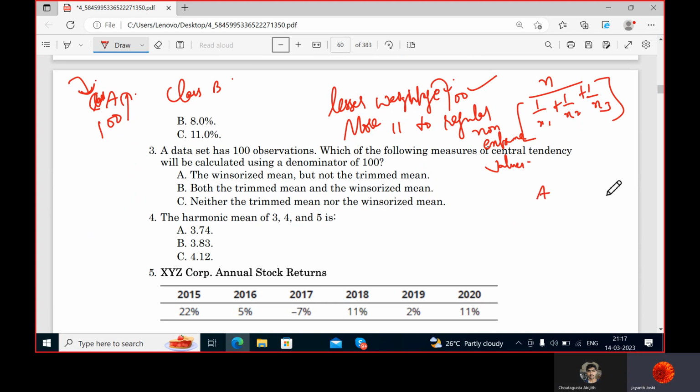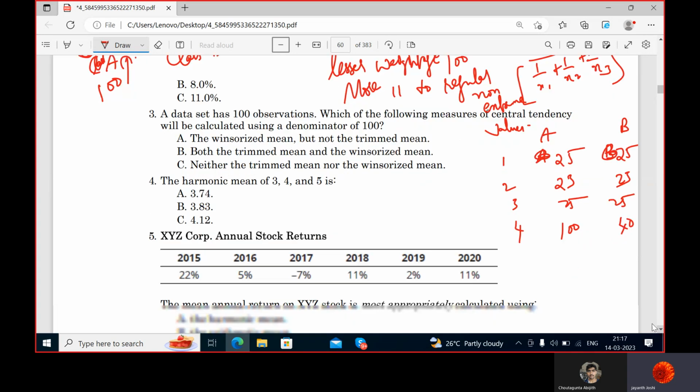So class A and class B, with students 1, 2, 3, 4. The marks scored are 25, 25, then 23, 23, and then 25, 25. But here 100 and here 40.